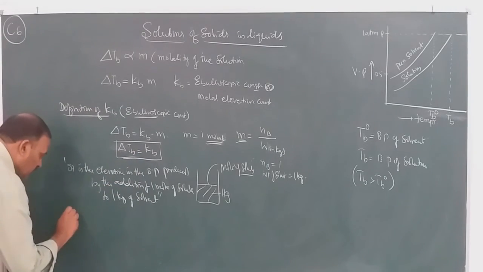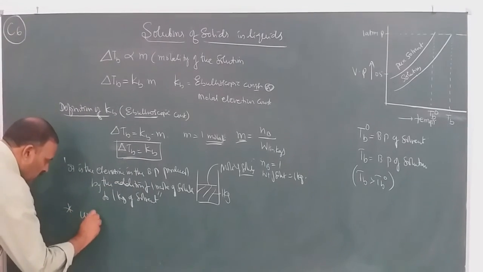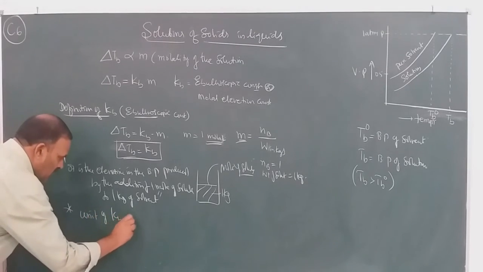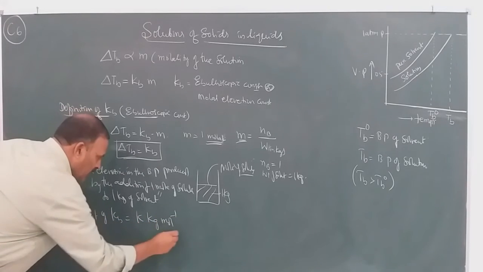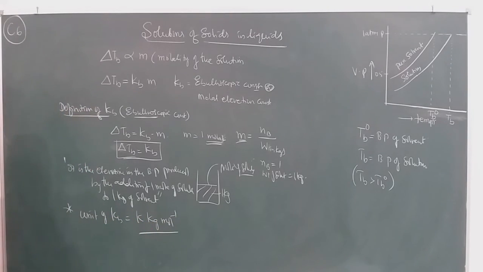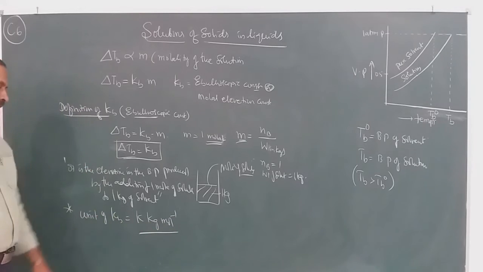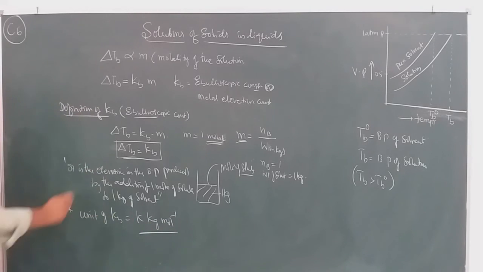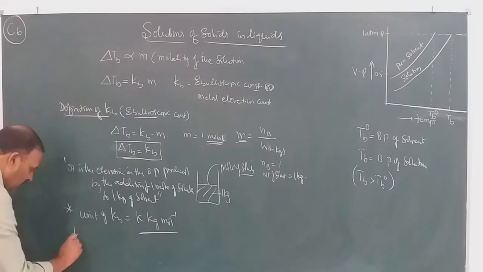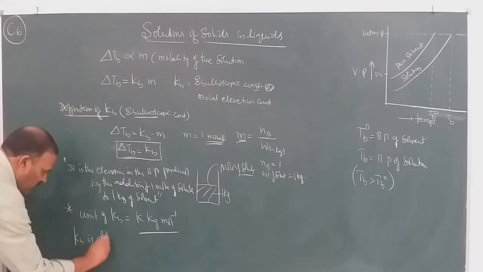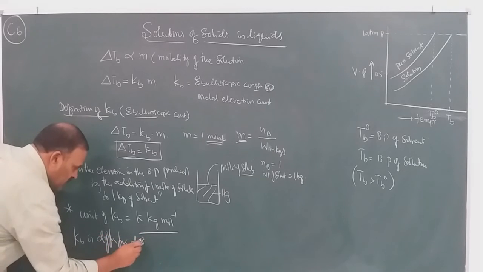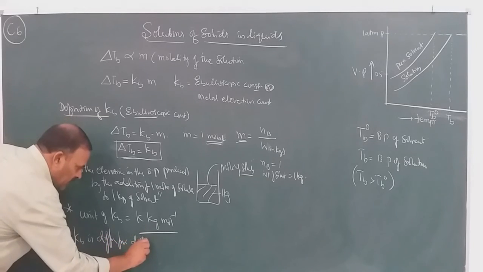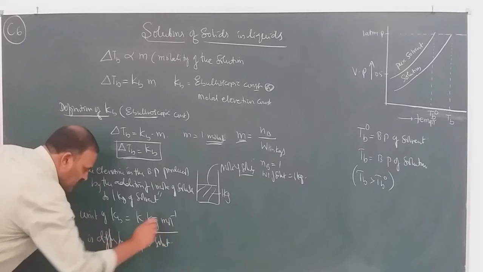What is its unit? This is also important. The unit of Kb is Kelvin kg mole minus 1. Kb is different for different solvents.